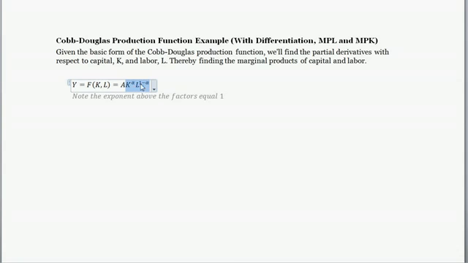So let's start off by taking the derivative of the production function with respect to capital. What are we doing? We're starting off with our production function, and the thing we're looking for is how production changes. This is a version of the Greek letter delta, which I like to call di. It stands for partial.